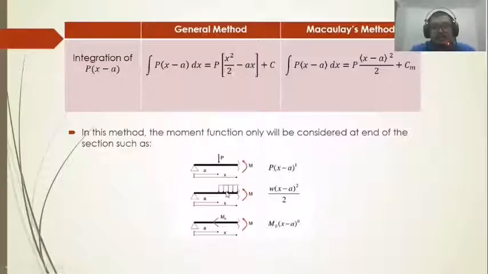While for a uniformly distributed load, the moment can be defined as w bracket of x minus a squared over 2. While the moment at the center of the beam can be defined as M naught times x minus a to the power of 0. So that's all from me.